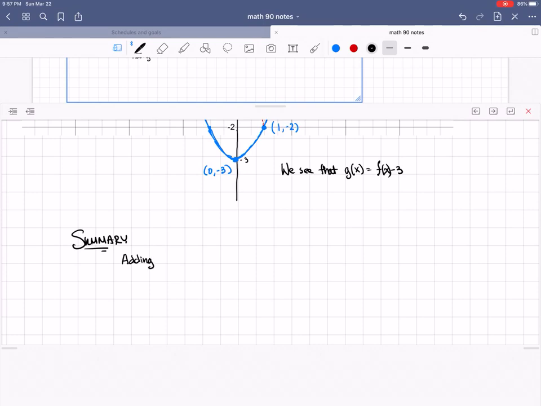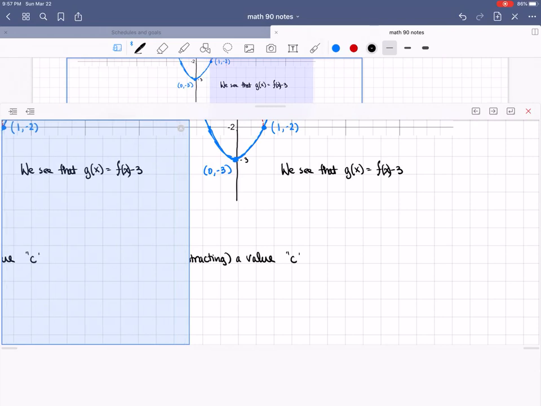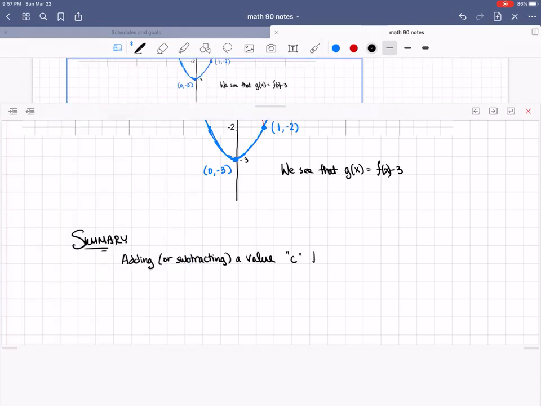Adding or subtracting a value, let's call it C, to the output, so the new function is the original function plus some value C, results in a vertical translation.